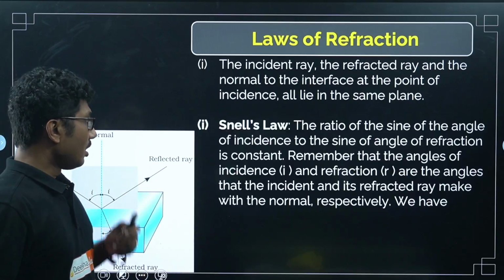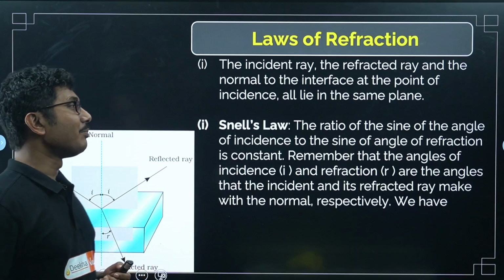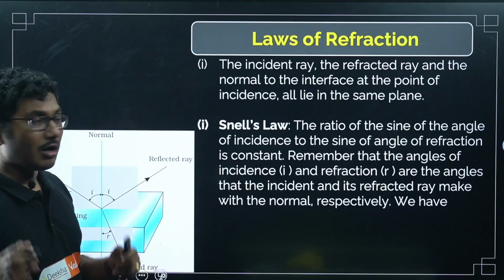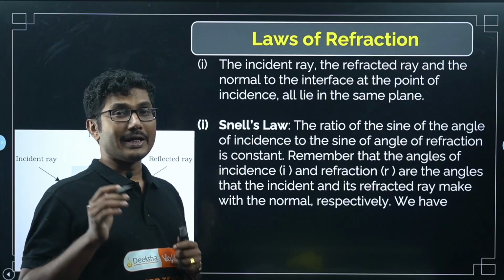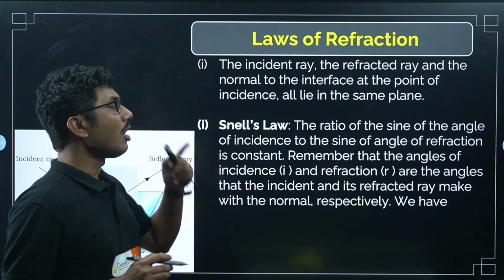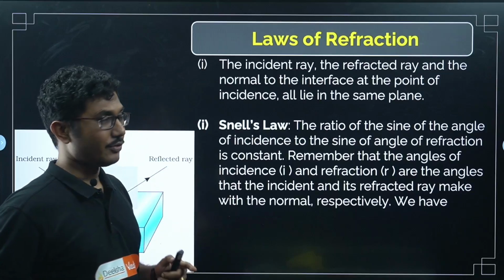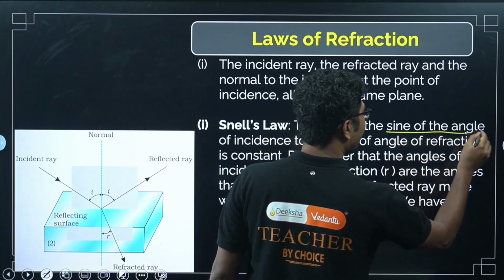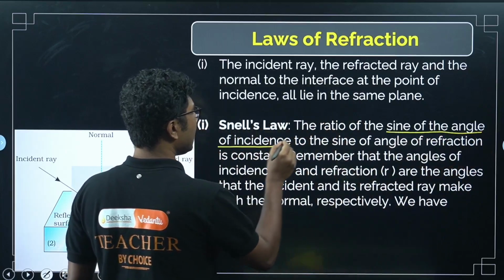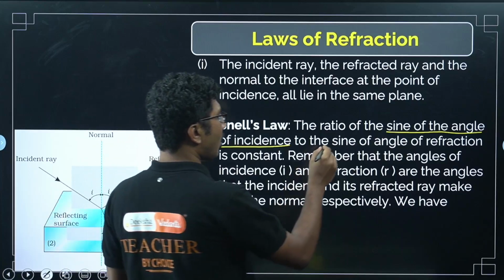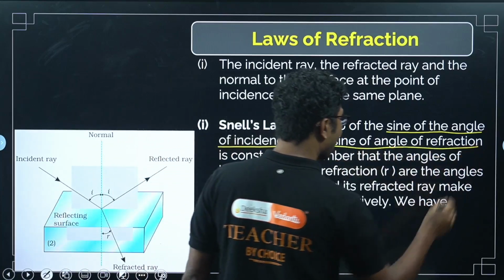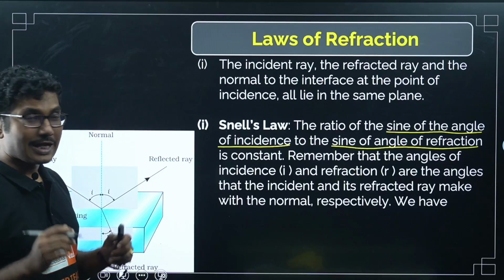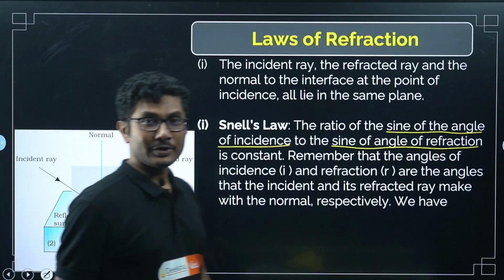Now the second law is very important, that is Snell's law. What is Snell's law? The ratio of the sine of the angle of incidence to the sine of the angle of refraction is constant. What is the meaning of that?